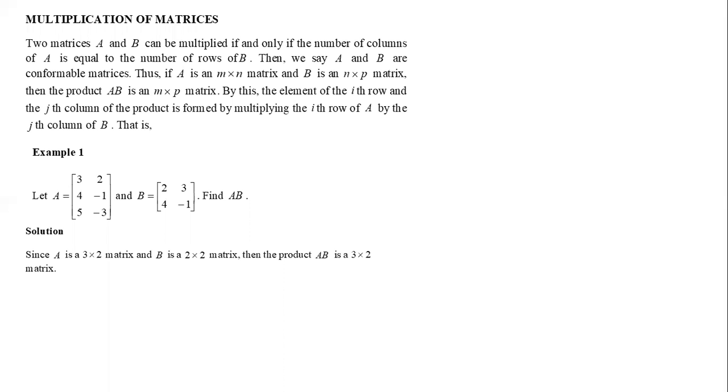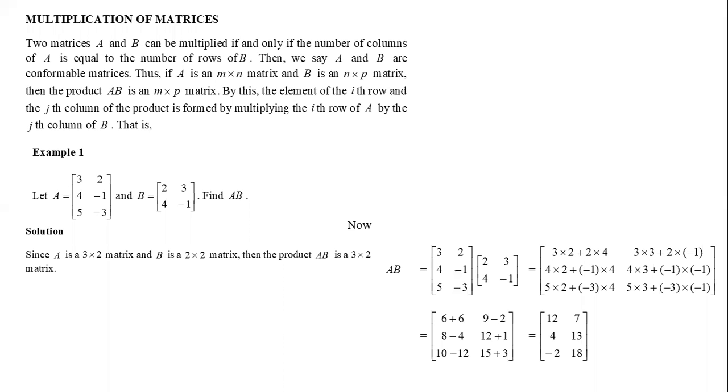I'm going to use the column of A to multiply the row of B, or you can also use the row of A to multiply the column of B. Either way, you have the same thing, but that position must be retained.